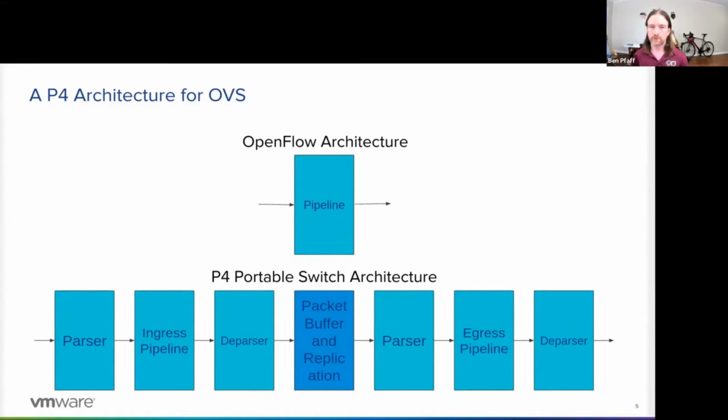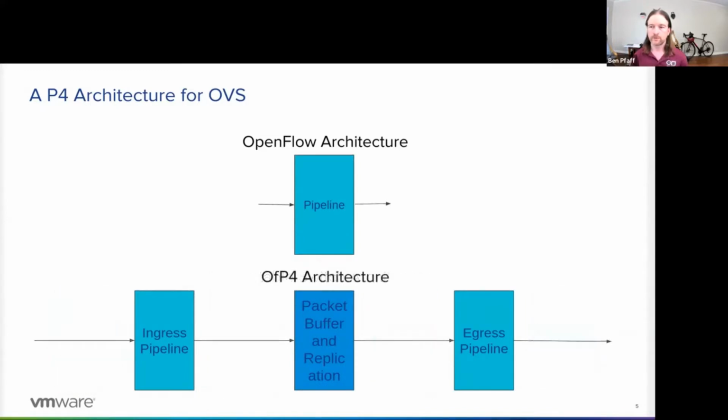So the first thing we did was to delete the programmable parser and deparser blocks. OVS doesn't have a programmable parser or deparser, so we have to make do with what OVS has and use the headers and protocols that OVS supports. So as you can see, there's still a difference between the architectures.